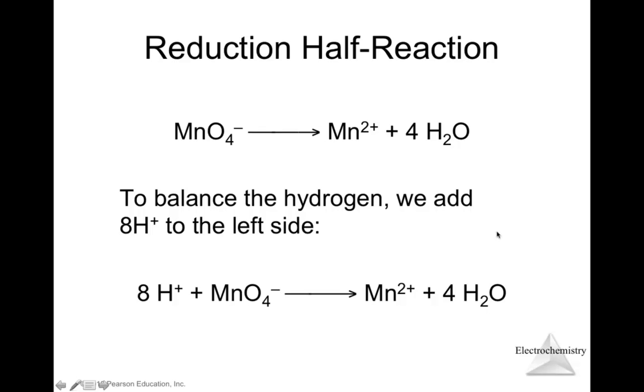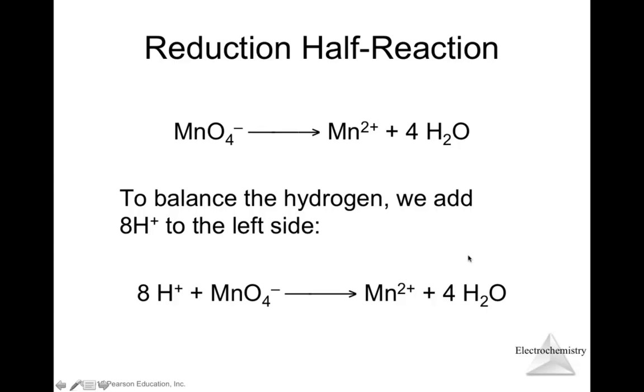Now, let's see the charges. Here we have a +8, remember that we have 8 hydrogen protons, so we have +8 and -1. This side is going to be +7, while this side is +2.